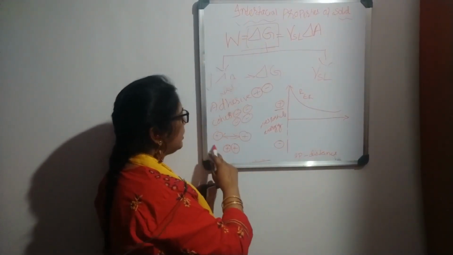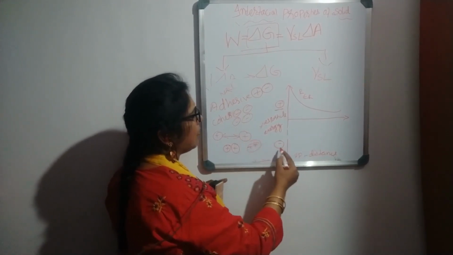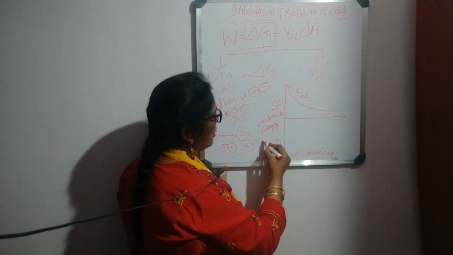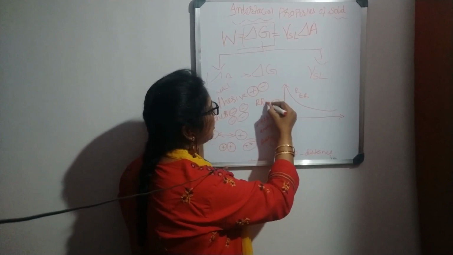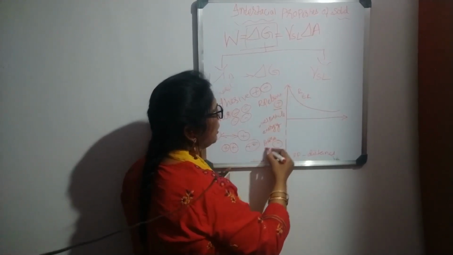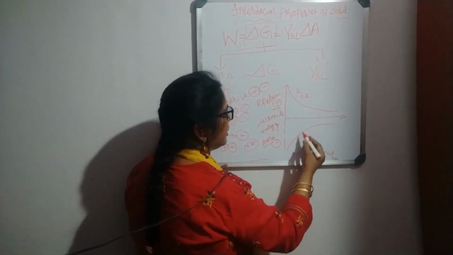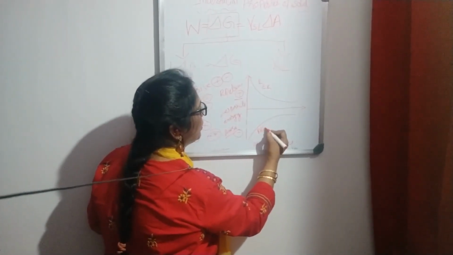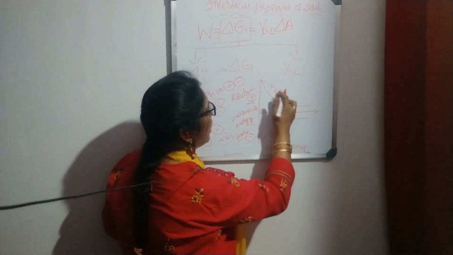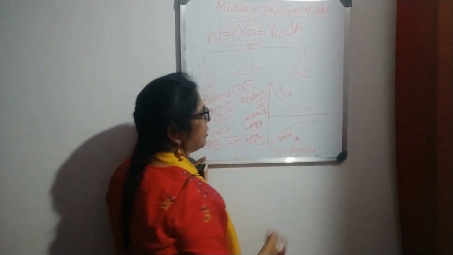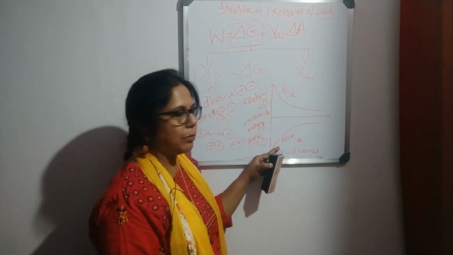If dissimilar particles come close together, I will exhibit that here as the attractive force, and the curve is this. I will designate the attractive force as VA, and the repulsive force as VR.